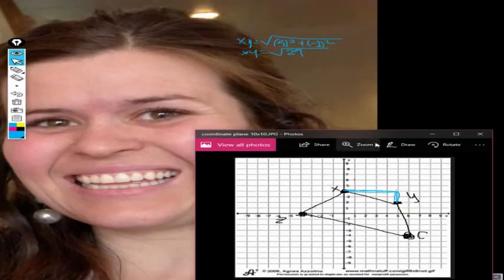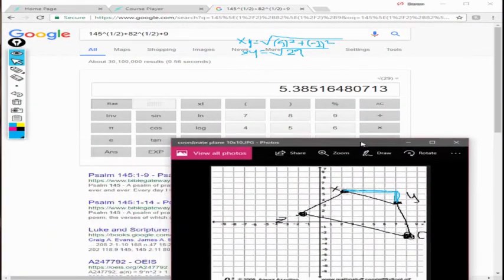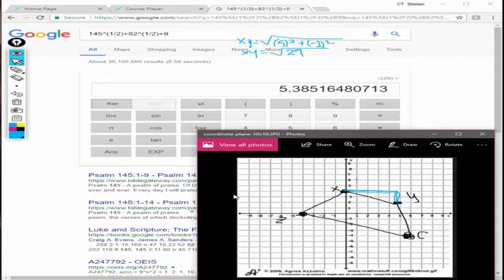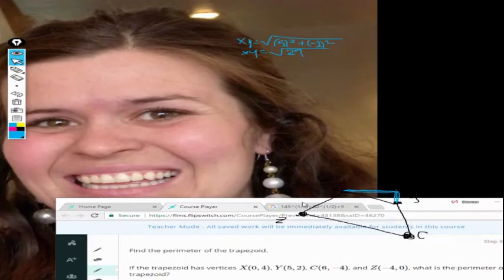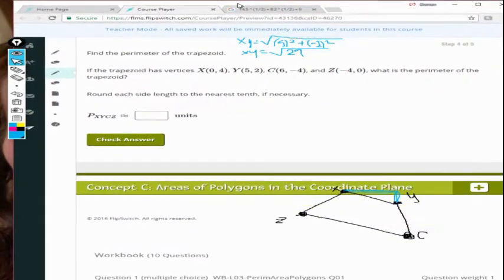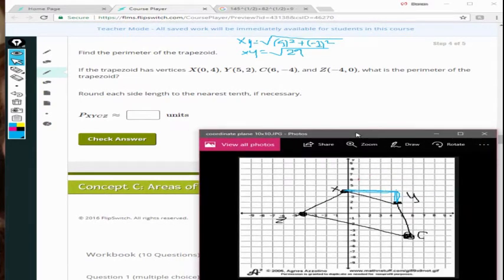So 5.4. That's what it came out to be. And I'm not going to switch back and forth till the very end anymore. Okay, so this is about 5.4.